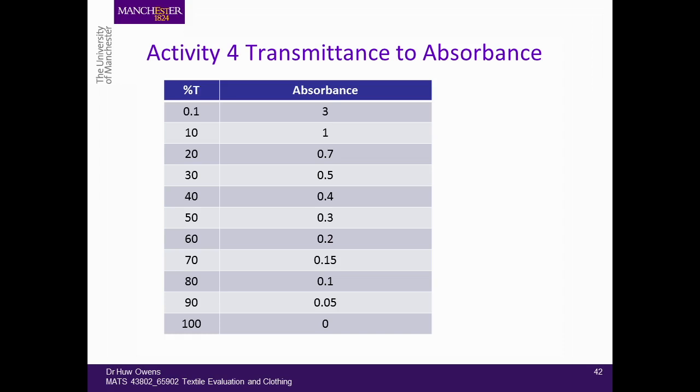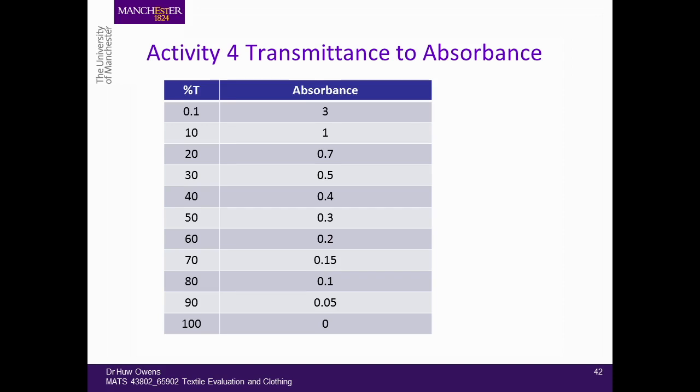And this is why when you draw these plots, what you'll often see is people will put AU by the absorbance axis, and that just means arbitrary units. They're this strange logarithmic relationship.